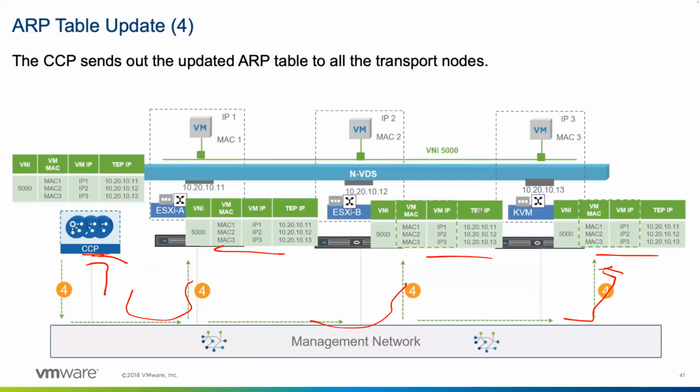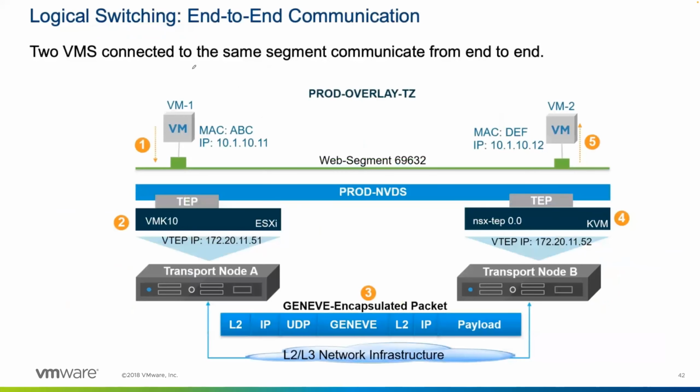So that's our tables. Let me give you a scenario, for example, an end-to-end communication. If there's a VM1 and a VM2, how do they transfer their packets in between? For example, VM1 as the source virtual machine wants to send out a packet to IP 10.1.1.12 as the destination.